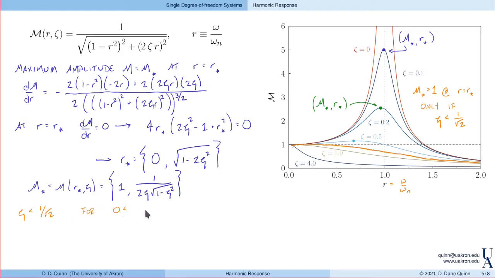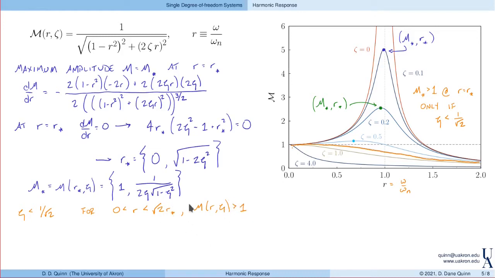for r between 0 and, it turns out, you can work this out. When does this cross 1 again? It happens to cross 1 at a value of the square root of 2 times the maximum value, r star, then m is greater than 1.